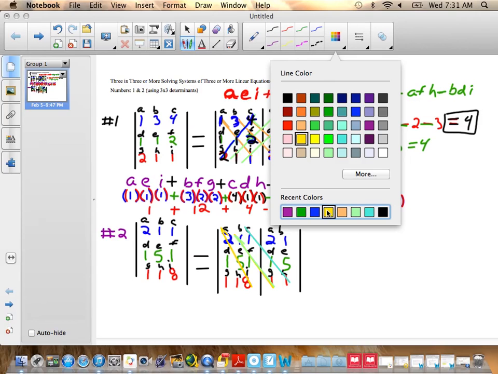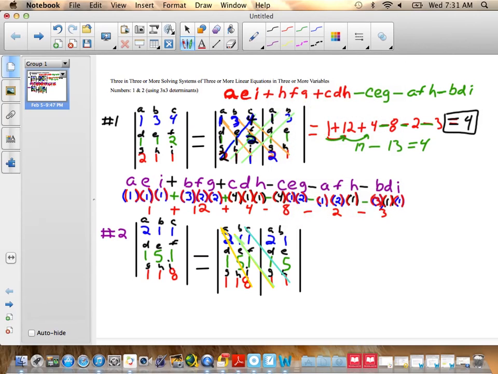So A, E, I: those numbers are 2, 5, 8, all multiplied.